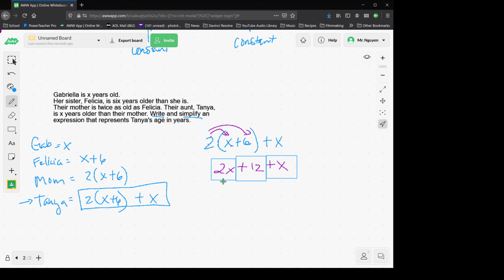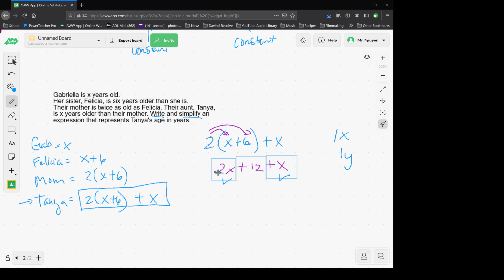We have 2x and we have x. If you don't know, any variable always has a 1 in front of it if it doesn't have any number in front of it. So x is the same thing as 1x, and y is the same thing as 1y.